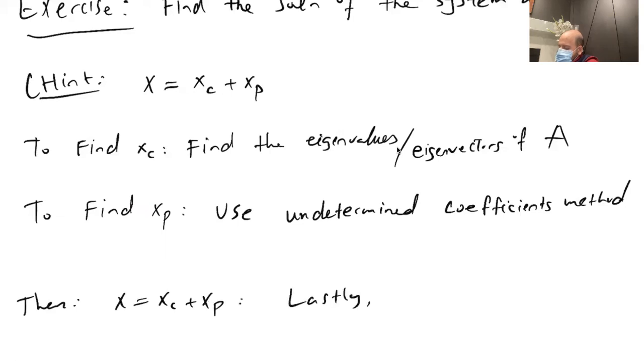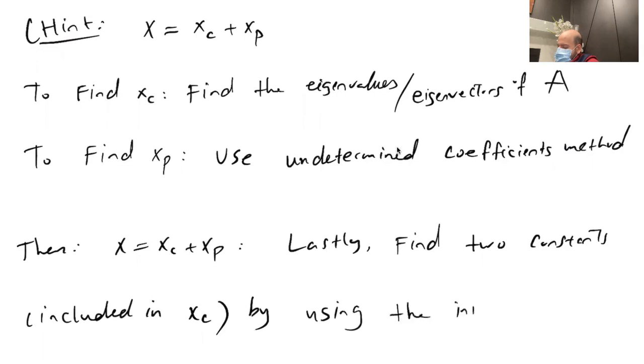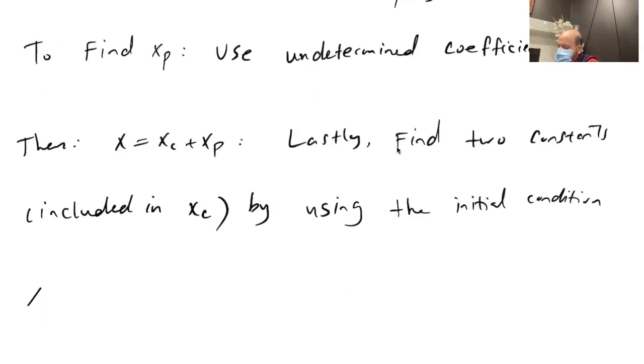Lastly, find two constants which are included in xc by using the initial condition that we had here, x of 0 equals 20 and 80.